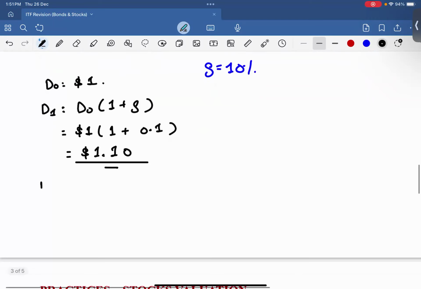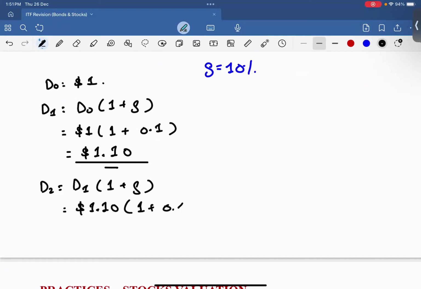Then D2 equals D1 times (1 plus G). So D1 is 1.1 times (1 plus G). Make sure you don't make any mistake while you calculate. So this one is 1.21.